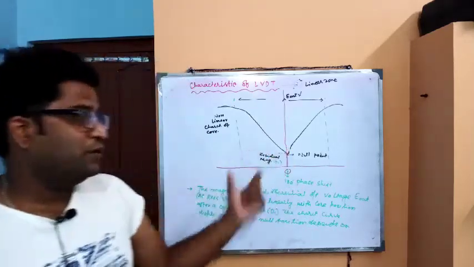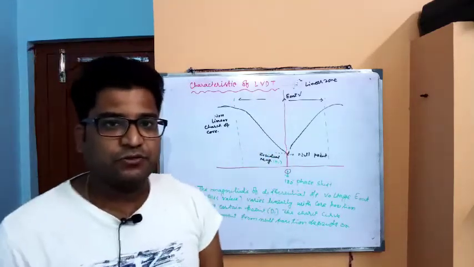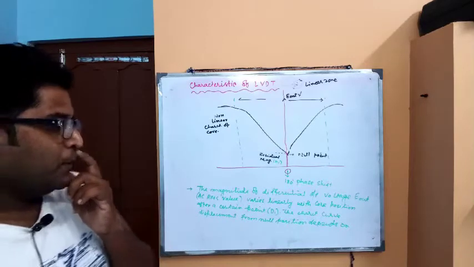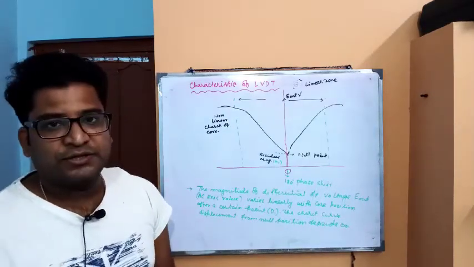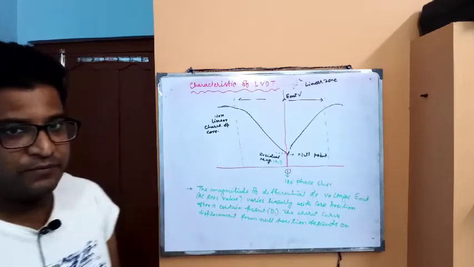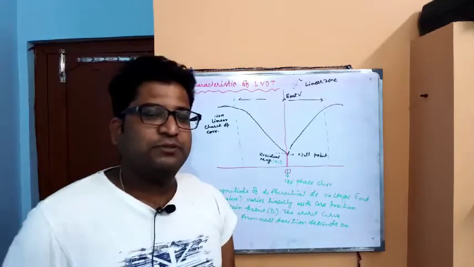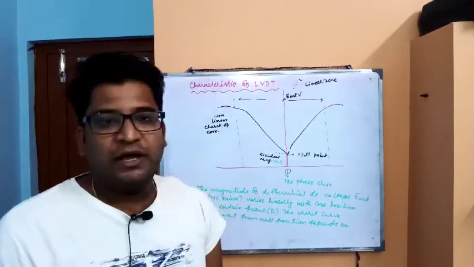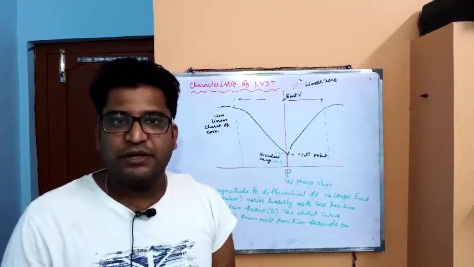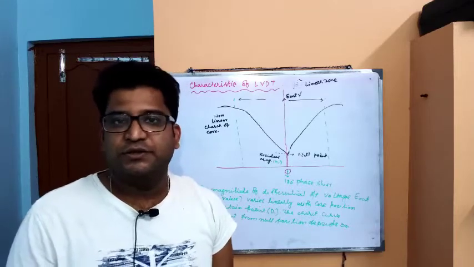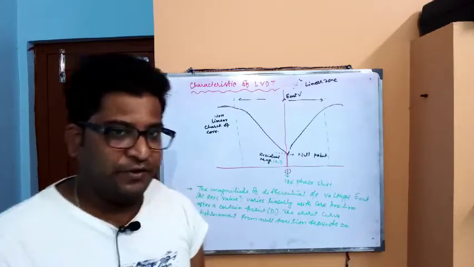So this curve represents the characteristics of LVDT. As in the earlier class, when we were discussing the working principle of LVDT, we clearly observed that when the LVDT core is in the null position or middle position, there is a null voltage generation at the secondary terminal of the LVDT.